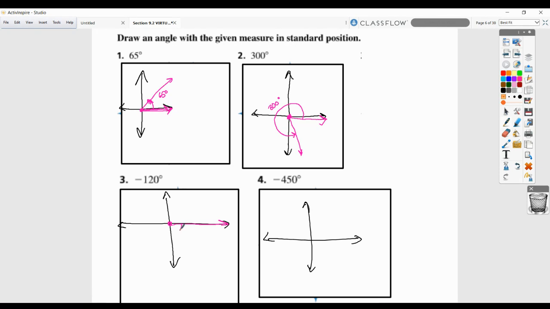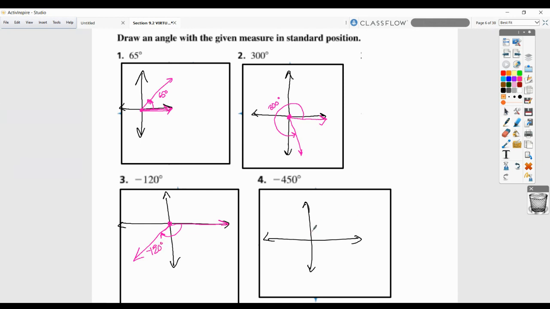So this would be negative 90, and the next one would be negative 180. I don't want to get too close there, so it's in between here, until I get to negative 180. So I'm going to draw my line in. I have my arrow of where I started from. I'm showing that I'm going clockwise here. And if you want to label it, negative 120 degrees.